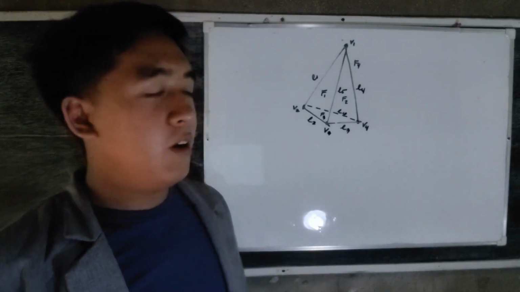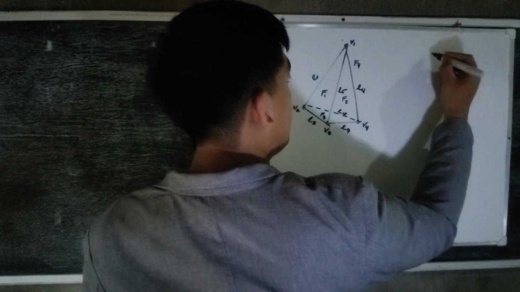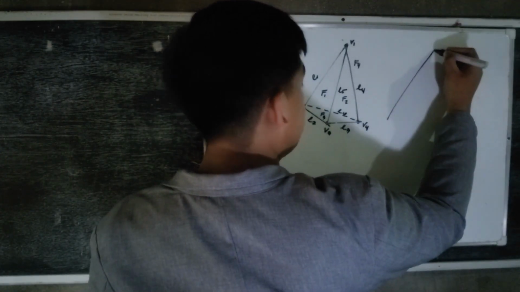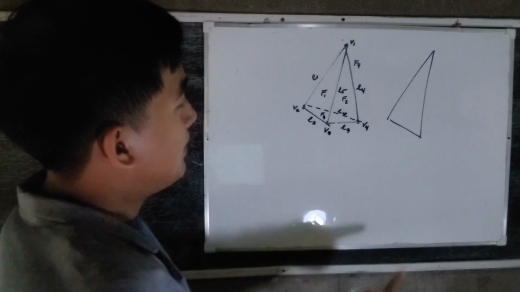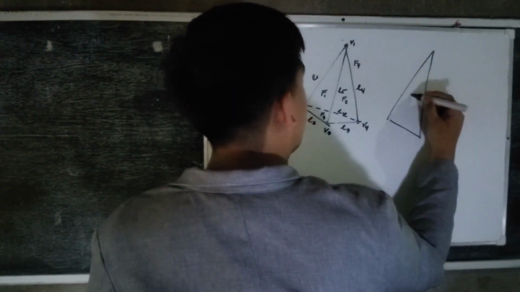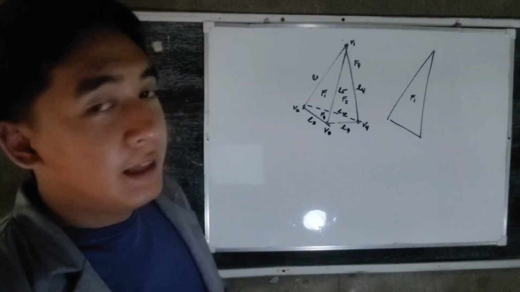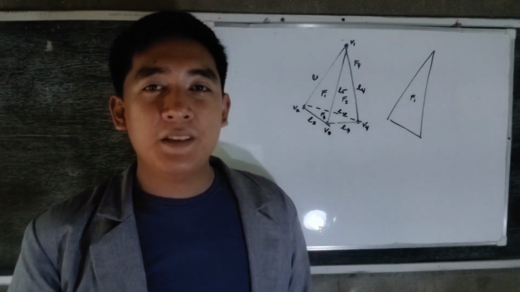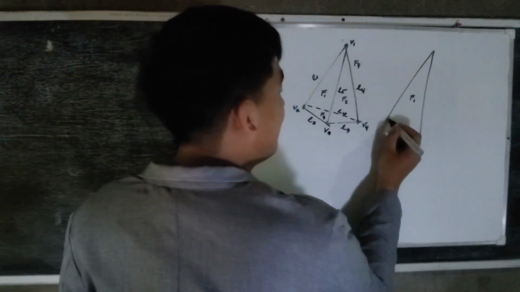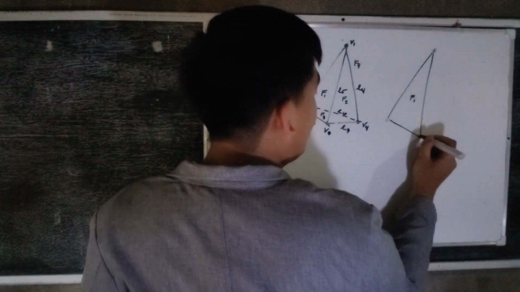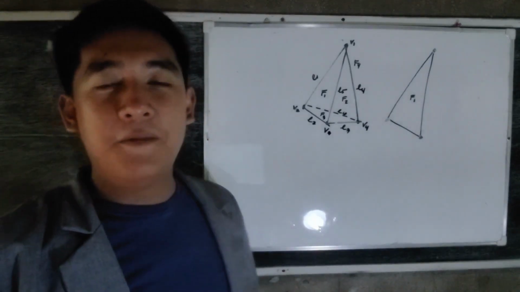And the boundary of a face, now consider F1. This is one face. Consider F1. The boundary of a face consists of edges and vertices. And clearly, the boundary of F1 has edges and vertices.